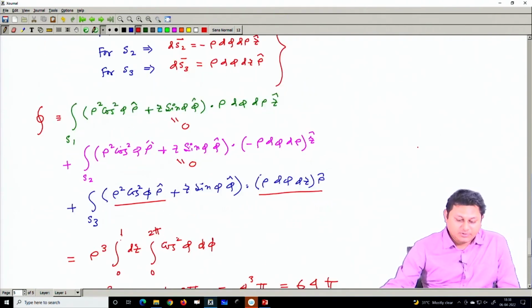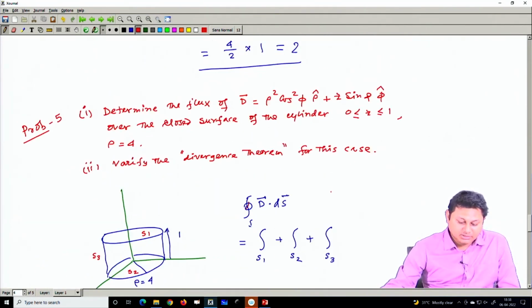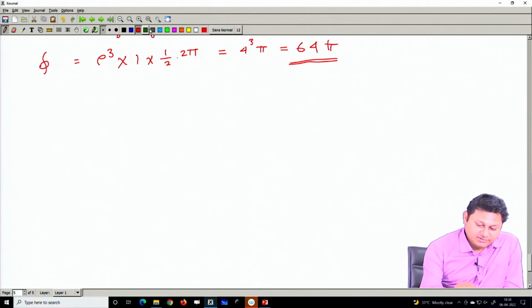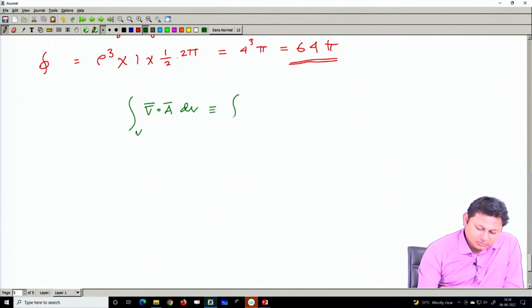Now, the next part of the problem is saying that please verify the divergence theorem. So, you need to verify it. So, what is divergence theorem? Let me write it first. Divergence theorem is, if I have the divergence of a vector quantity over a volume, that should be equivalent to the closed surface integral of the surface that is enclosing the volume.